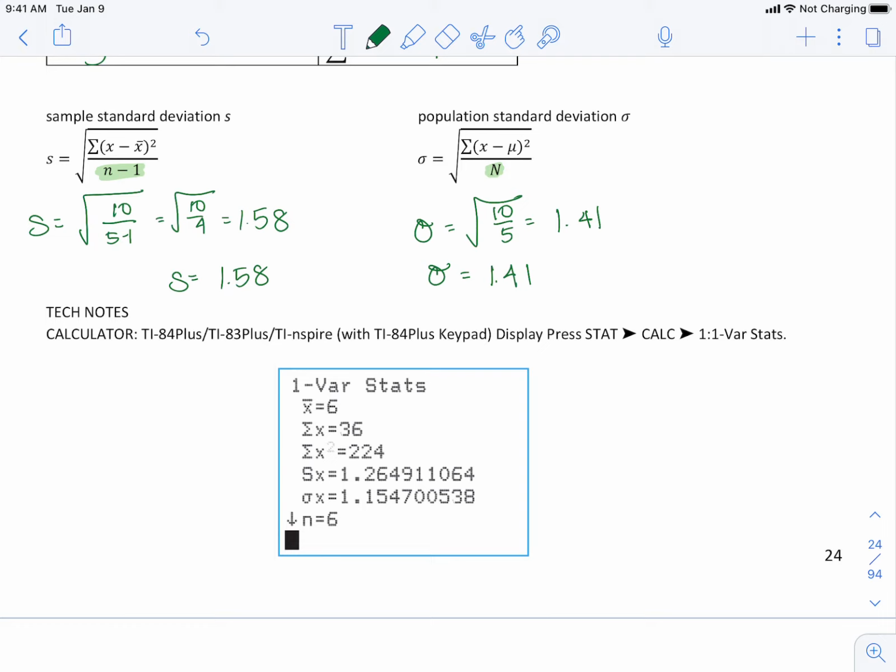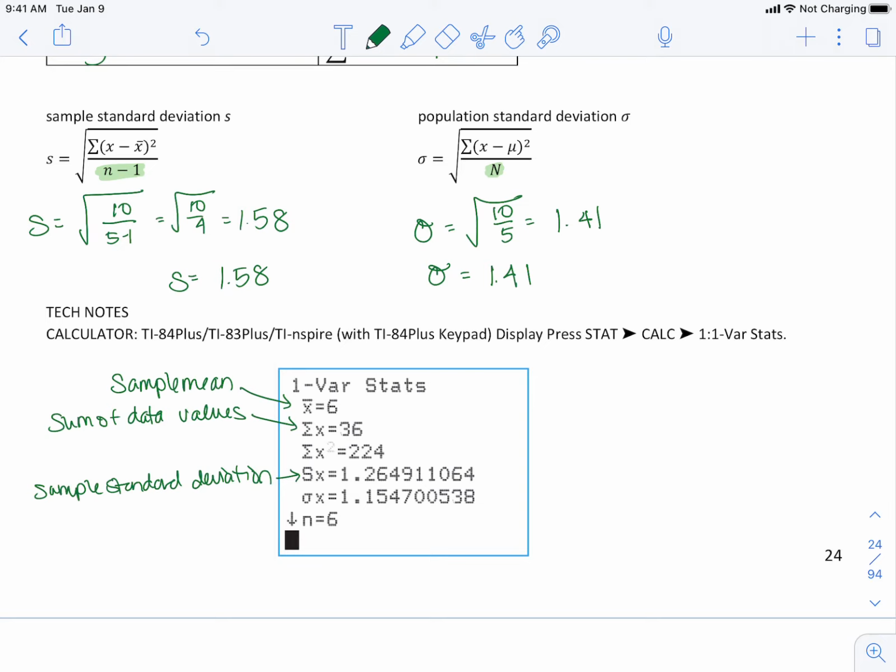Okay, just to make sure we know what all of these on this screen mean. This X bar is your sample mean. Sigma X is the sum of the data values. S sub X is the sample standard deviation.